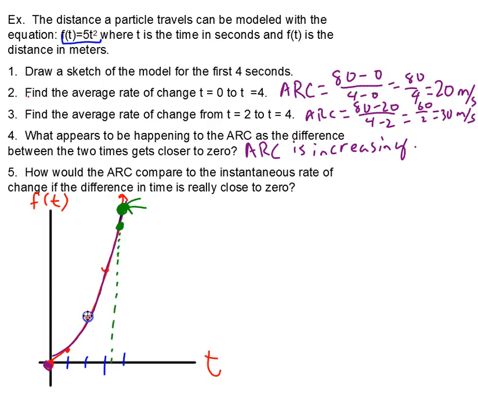I'm going to call this guy x. And this point right here is right here. I'm going to call the distance between this x and this x h. This point right here will be called f of x, and this point right here will be called f of x plus h, correct?